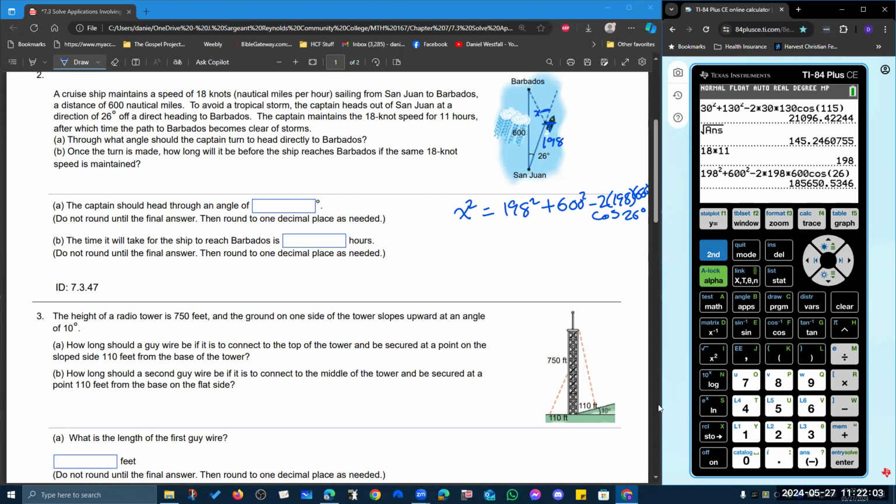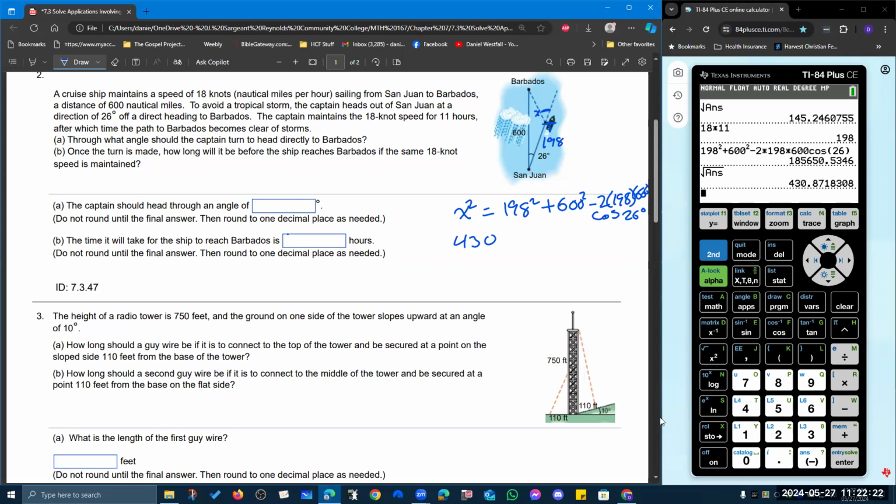is going to be, second square root, second answer, a distance of 430, whatever.